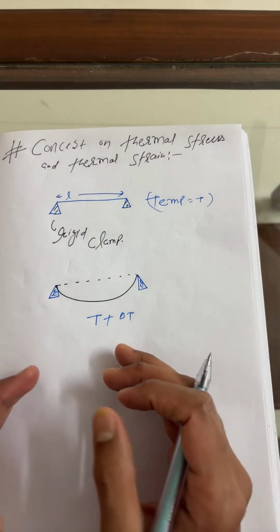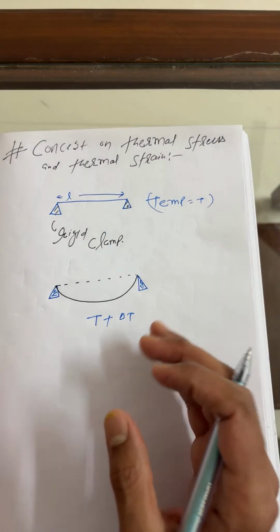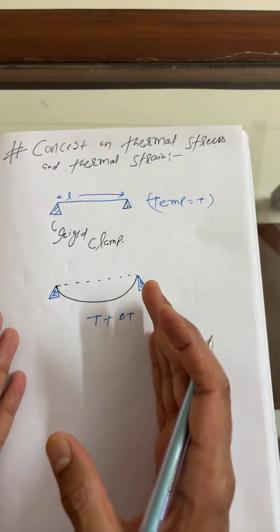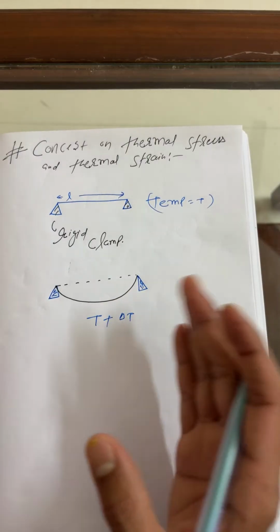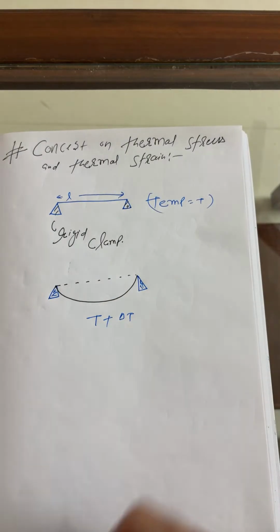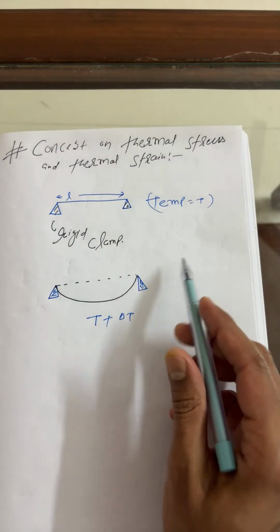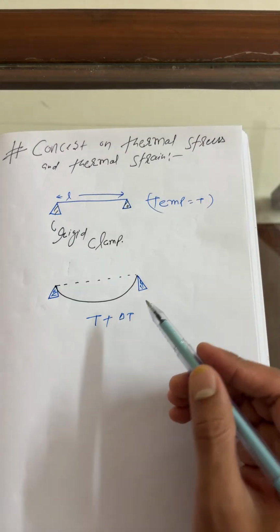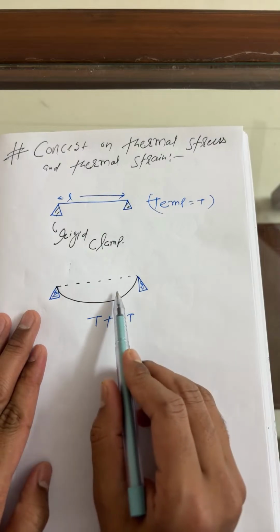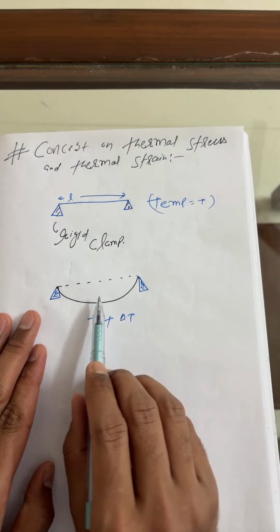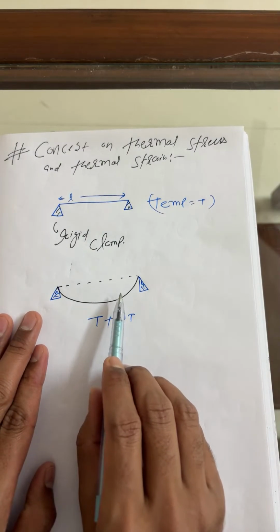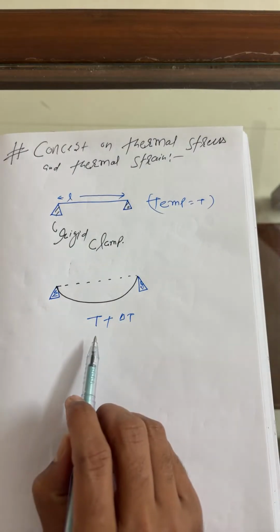If the temperature of the surrounding increases, the length of the wire will increase due to thermal expansion.